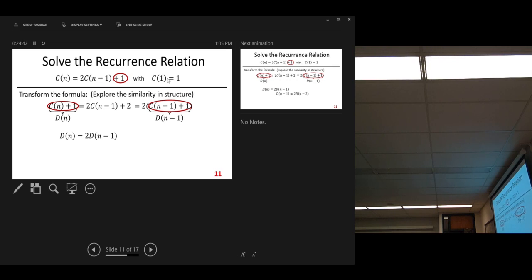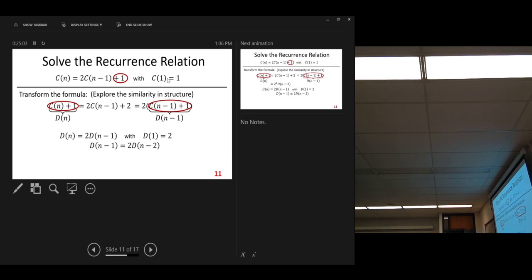All right. Now, let's reduce the size by another 1, multiply another 2. Because d of 1 equals 2. d of 1 equals c of 1 plus 1, based on our definition. c of 1 equals 1. That's why d of 1 equals 2.